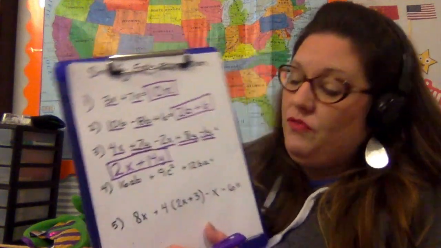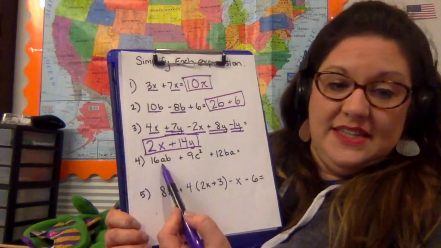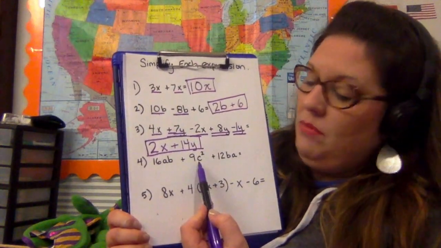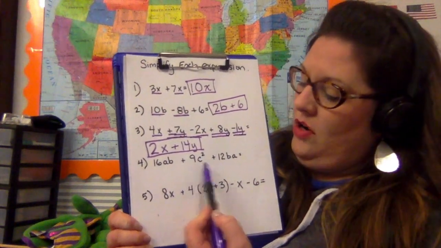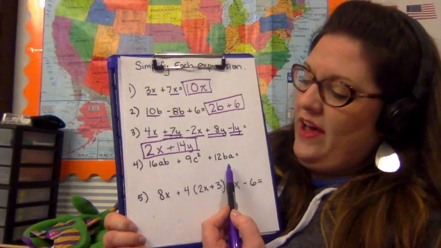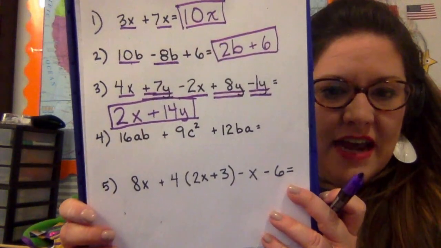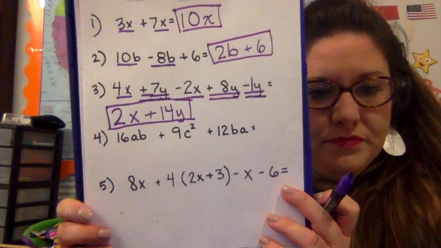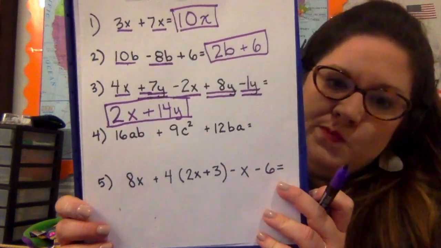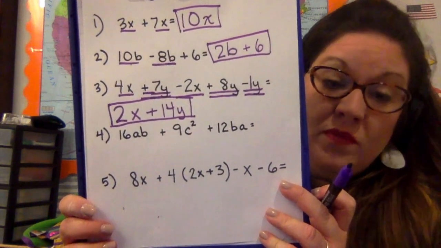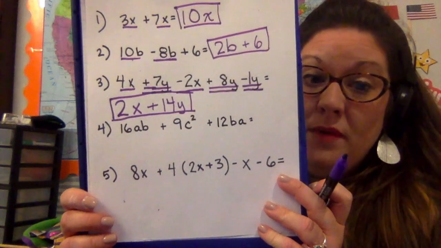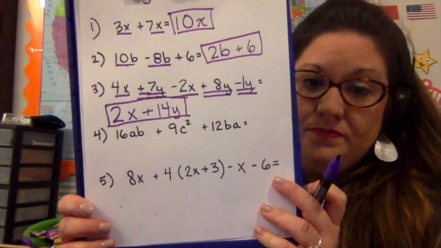Let's look at example 4. 16ab plus 9c squared plus 12ba. Do any of the last names look the same? There is actually one pair of like terms here.